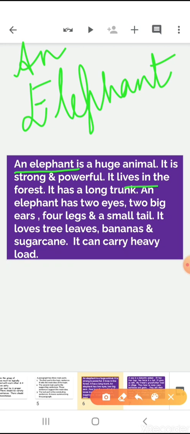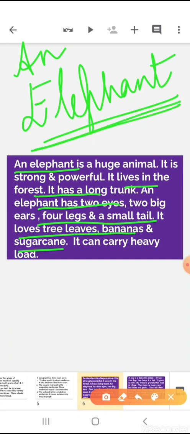Now the other sentences are supporting sentences, which support that this topic is related to elephant and these lines are related to elephant only, right? Yes.